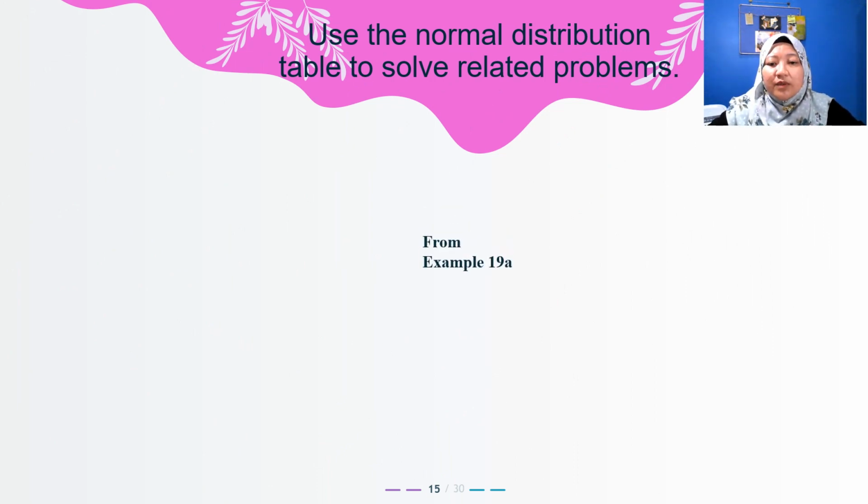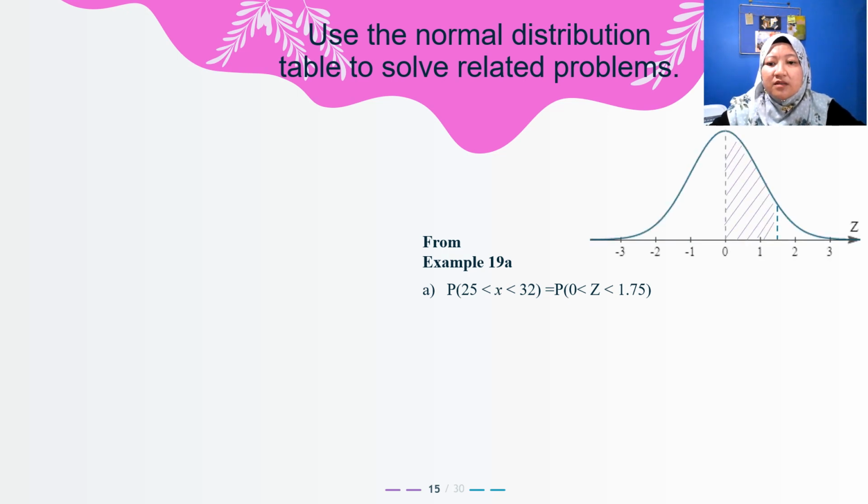Okay, from example 19a. Probability X greater than 25 less than 32. Okay, kita dah cari tadi bahawa nilai dia, Z dia adalah antara 0 hingga 1.75. Okay, like this.